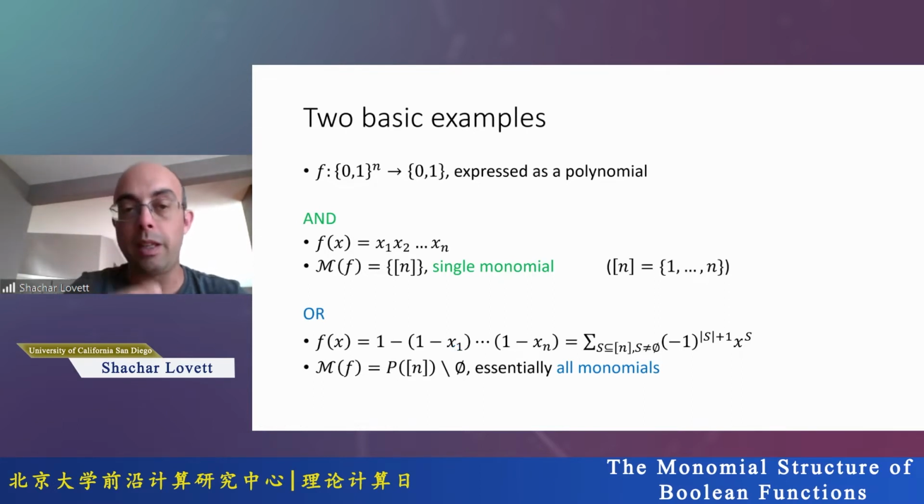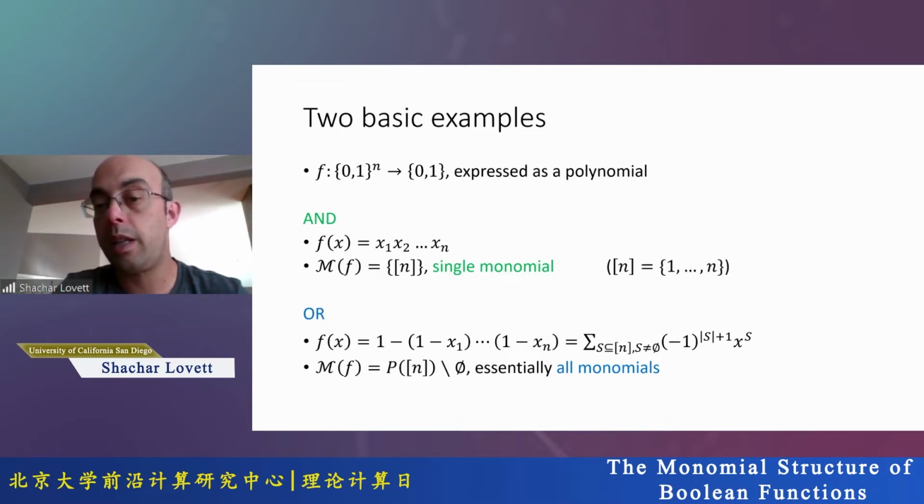So if you expand this into a linear combination of monomials, you're going to find all possible monomials, actually except for the constant term. So you get essentially all possible monomials. So under this definition of counting the number of monomials, the AND function is the simplest it could be, and the OR function is essentially the most complicated it could be. You have all monomials.